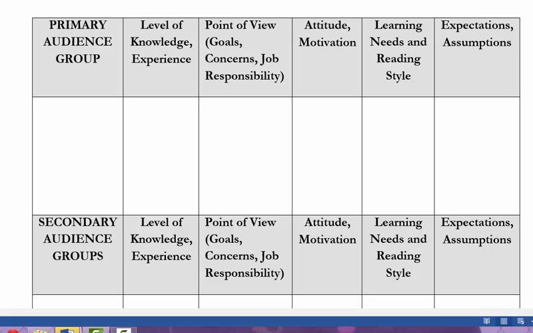So you should think about that person's level of knowledge or expertise in this specific field, what his or her goals are, what his or her job responsibility is, what sort of attitude this person is going to be approaching your recommendation report from, and if there are particular reading style or other needs that you need to be addressing.